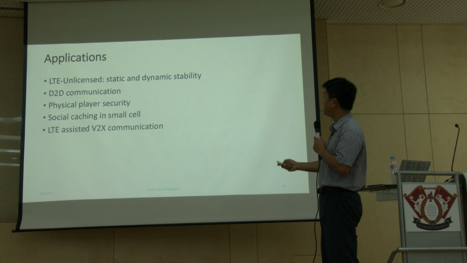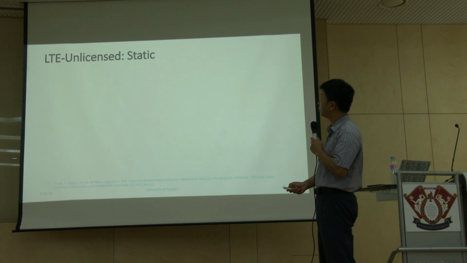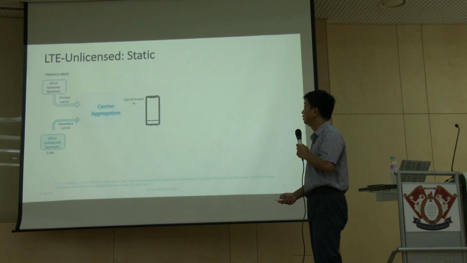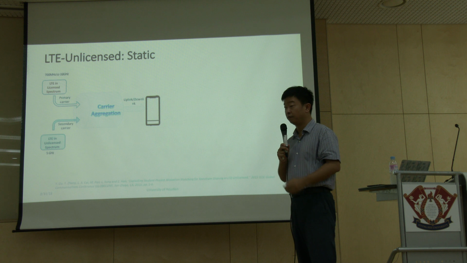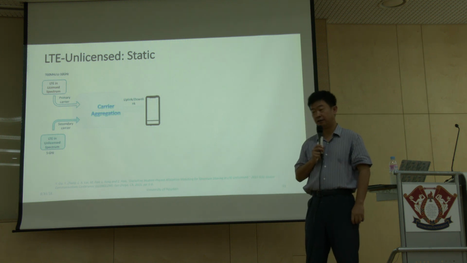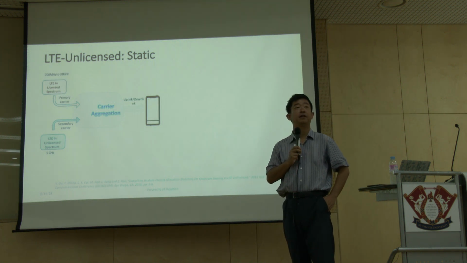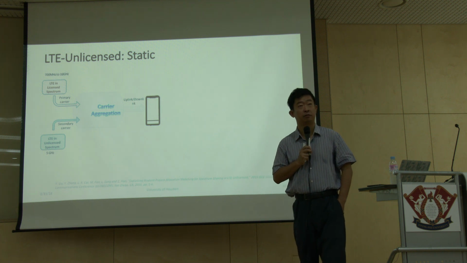We talk about different applications: LTE unlicensed, D2D, physical layer security, social caching, and LTE in the vehicular network. So let's talk about LTE unlicensed. Traditionally, Wi-Fi and LTE, the cell phone network, use different spectrum.